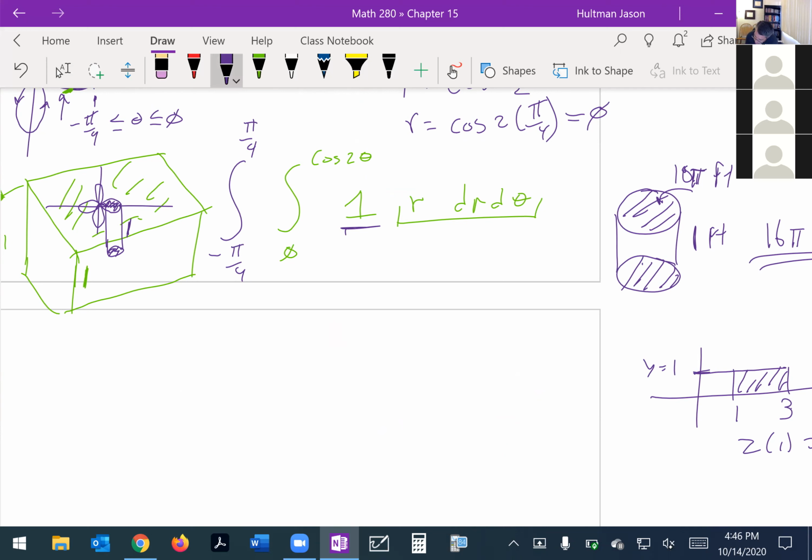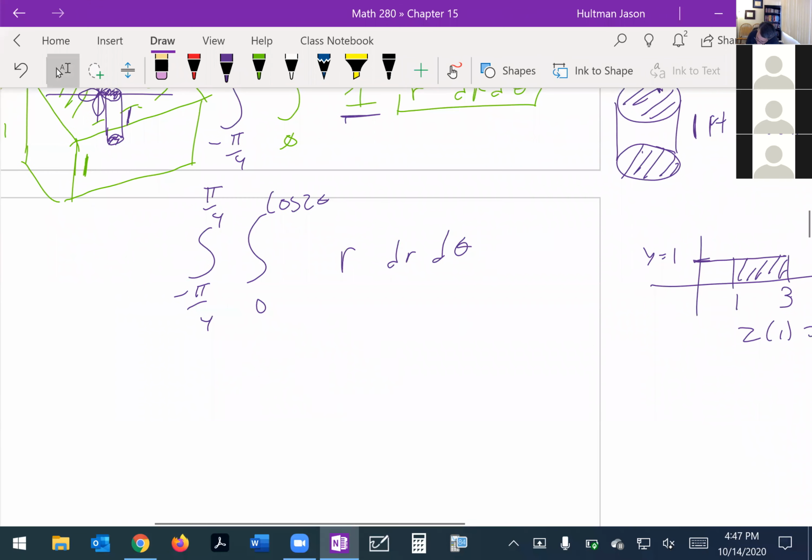So this is going to be the integral from negative pi over 4 to pi over 4, and 0 to cosine 2 theta of r dr d theta. Okay, so this is going to be r squared over 2 from 0 to cosine 2 theta.